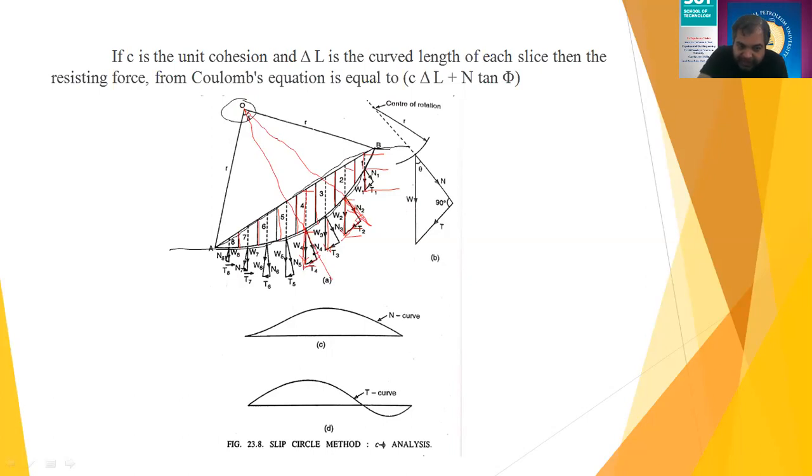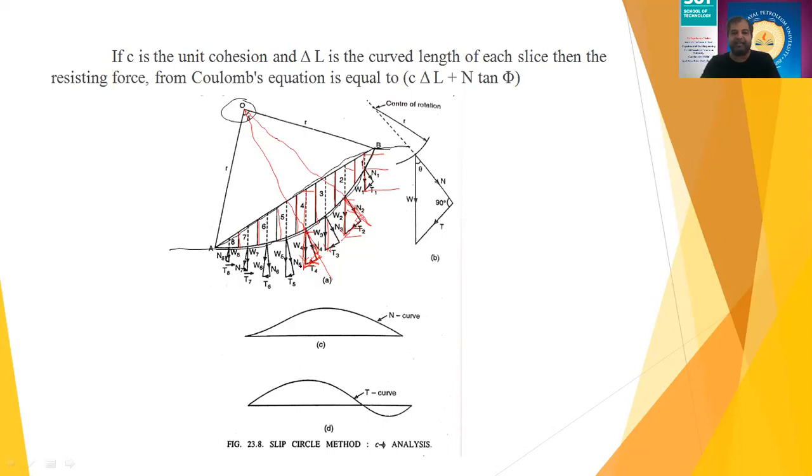So this will be perpendicular, which intersects this W point. So this exactly you will get this length plus this length. So this length from here to here, you can say this is the leftward side, you are going from the normal component, so the arrow is this side, and this is the normal component. So you will get this normal as well as tangential component of this particular slice.